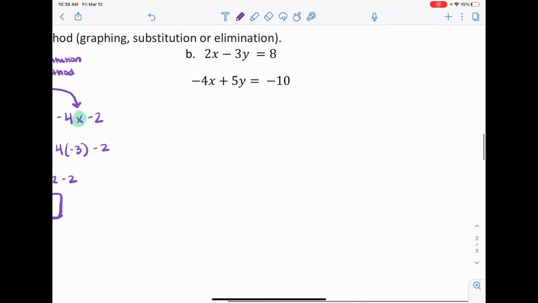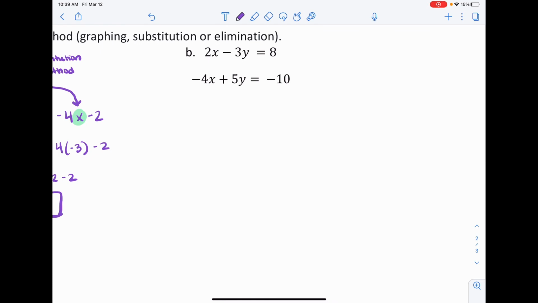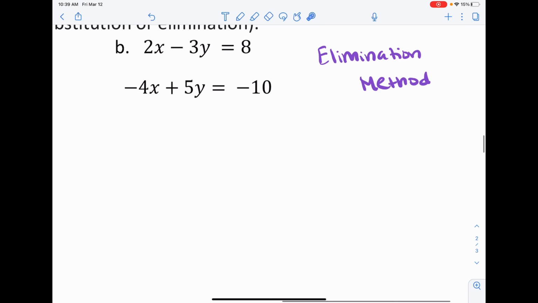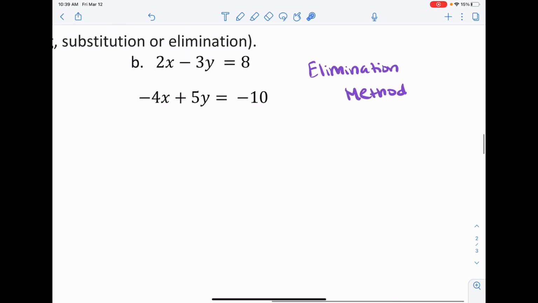All right, let's do the elimination method. For part B. So we've got 2x minus 3y equals 8 and 4x plus 5y equals negative 10. So what I like to do, when we write these out, I'm going to write it out. So what we're doing is we're looking for a way to change it, basically.